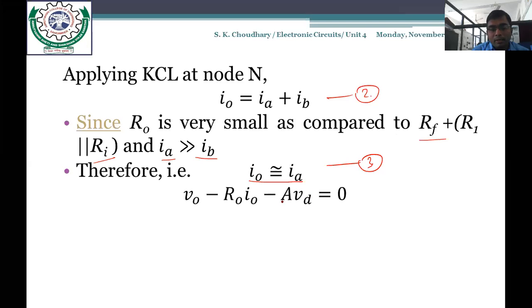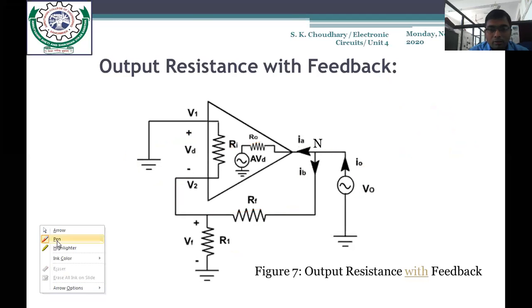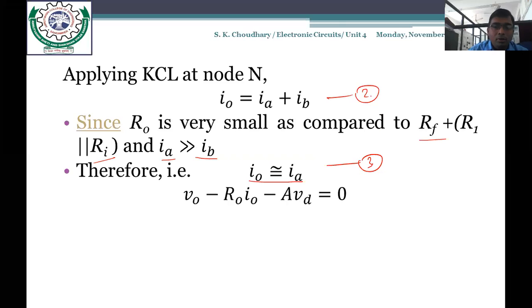Now we have to apply the KVL on this output loop only. We consider only the one network that consists of R naught. Apply the KVL on this network, starting from this point and ending at this. The equation becomes V naught minus I naught R naught minus AVD is equal to 0.